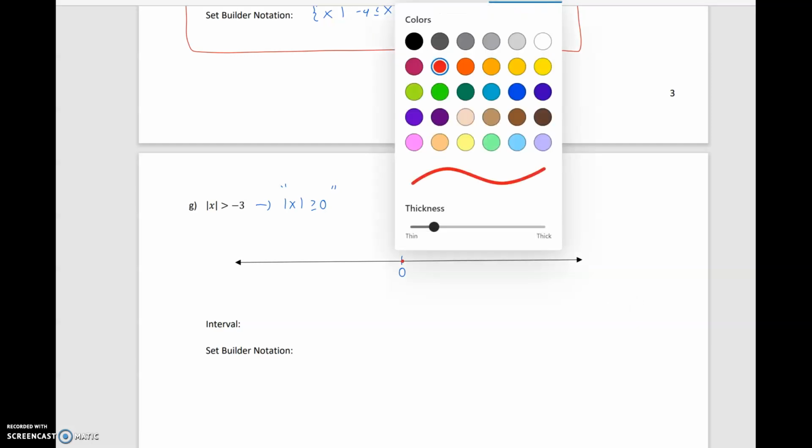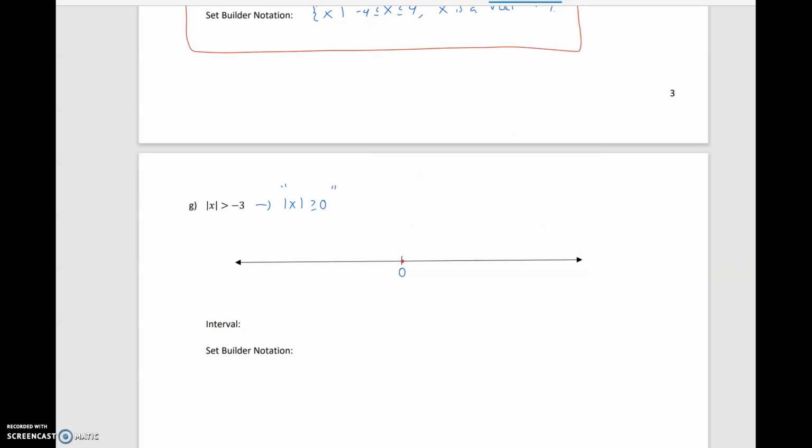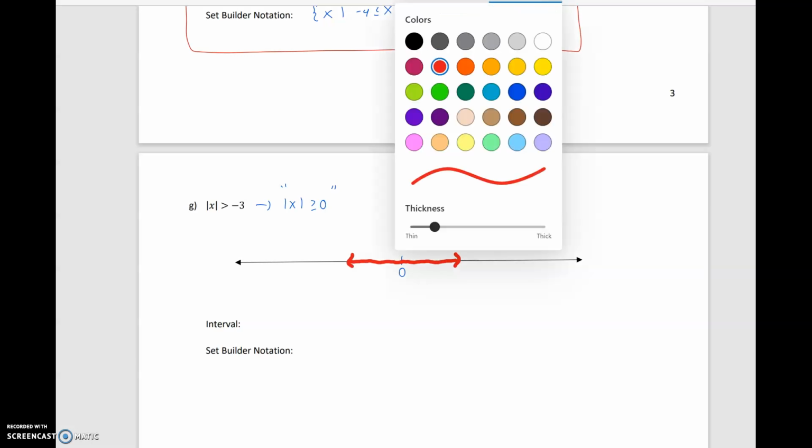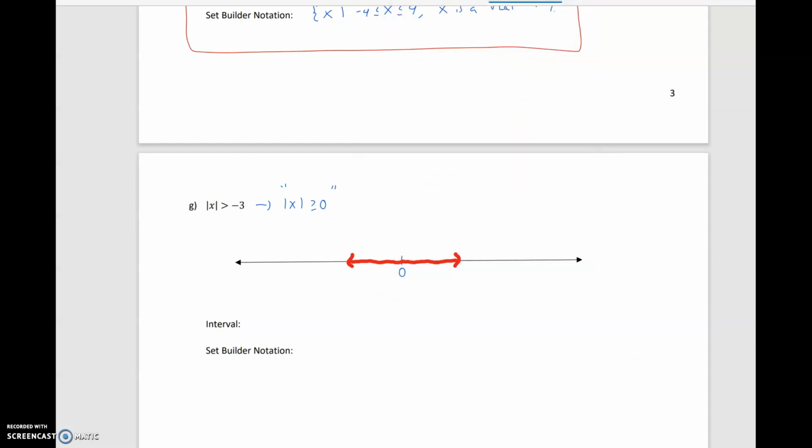Let me make this thicker. And then we're including all the values to the positive infinity and all the values to the negative infinity. So all numbers on the number line, because all distances are greater than 0. In terms of the interval notation, from negative infinity to positive infinity, or any number on the number line.